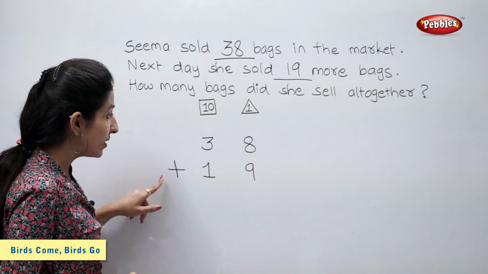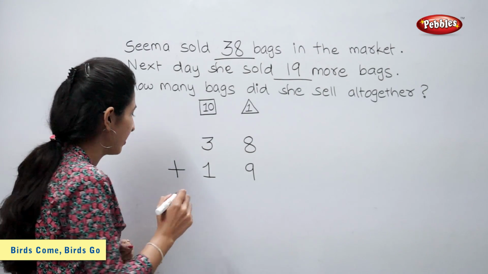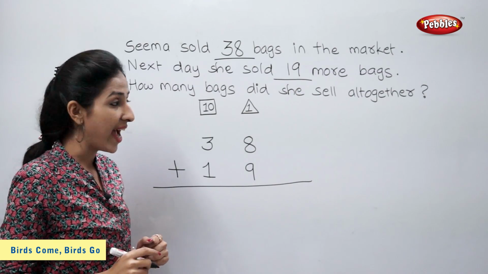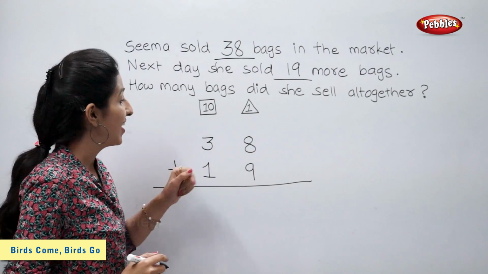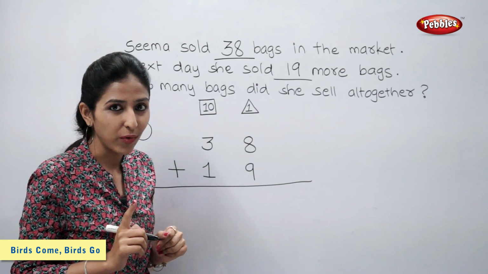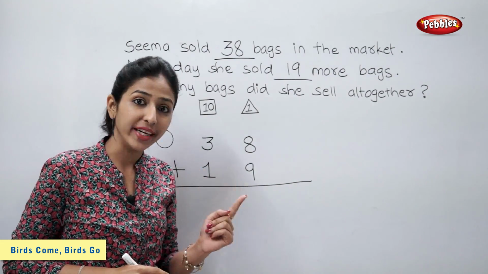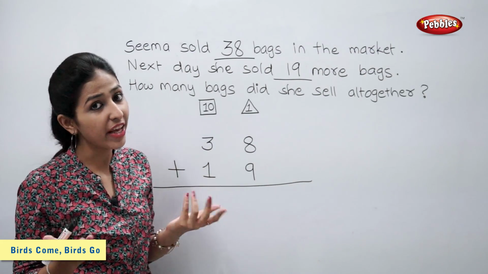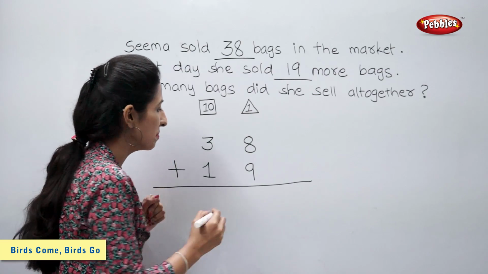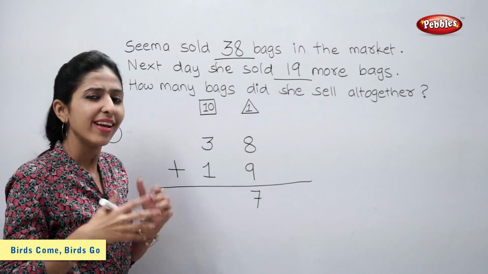38 plus 19 is equal to how much? Let's find out. Let us first add ones. 8 plus 9 is equal to 17. Now 17 means 1 tens and 7 ones. So let's write 7 in the ones column. 1 tens carry forward.